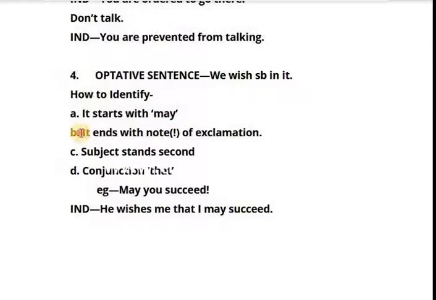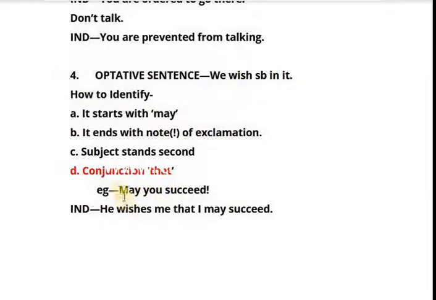The second one is it ends with a note of exclamation, which you might be aware of. The subject stands second in this kind of sentence. And the conjunction is that, which we take while changing an optative sentence into indirect speech.